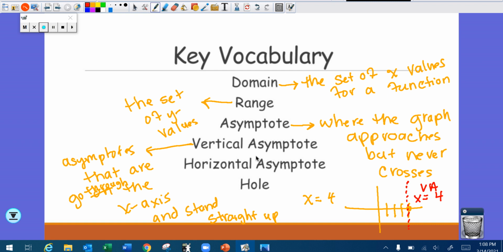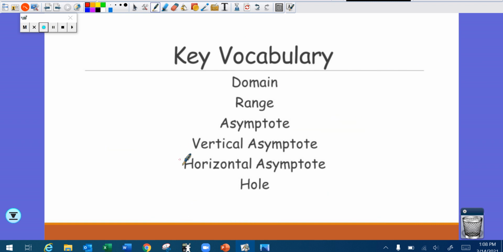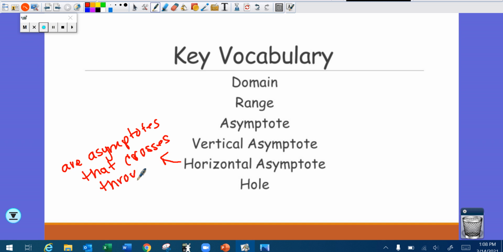All right, so now I'm going to talk about horizontal asymptotes. These are asymptotes that cross through the y-axis. Okay, they're asymptotes that cross through the y-axis. And here's what I mean by that.